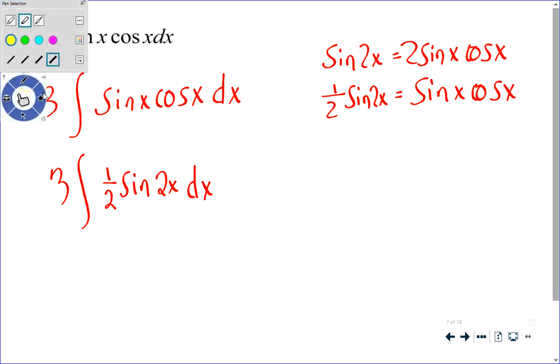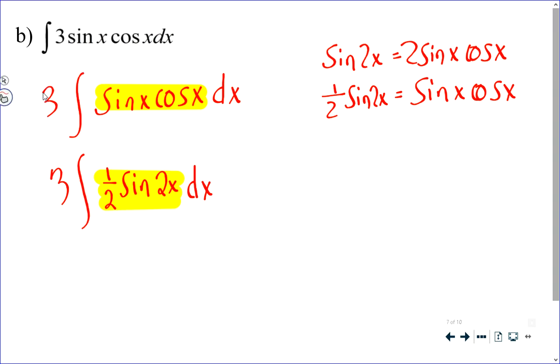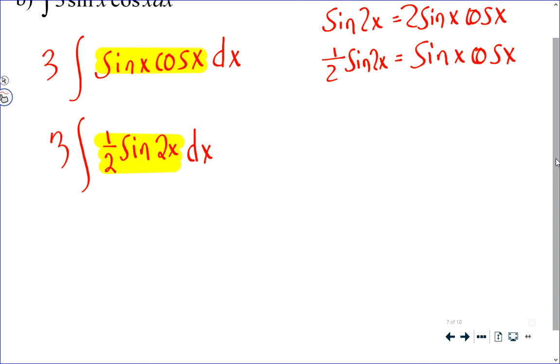What I am saying is that sine x cos x is the exact same thing as 1/2 multiplied by sine of 2x because of the identity that you see in the top right corner of your screen. Now I'm going to move that constant multiple of 1/2 out in front.